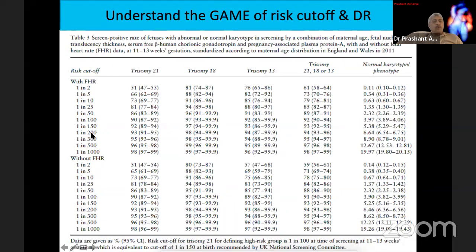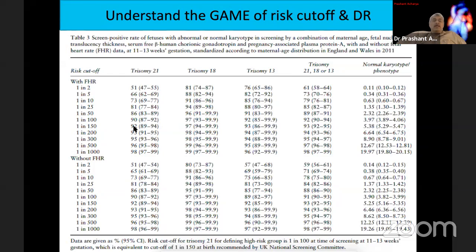If I put it at 1 in 250, I will be able to detect 94% if I apply this test. But here there are more chances. I will be able to diagnose 3% more, but I will also be increasing the invasive procedures. They will create extra false alarm.